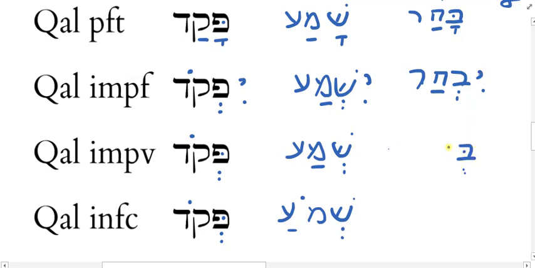I'm left with bachar, like that. And the infinitive construct, though, is going to be bachor with a holum. So all infinitive construct forms get the holum theme vowel, no matter what they do in the qal imperfect and qal imperative. Okay? In that sense, the qal infinitive construct is going to be a lot easier to identify when you see it.